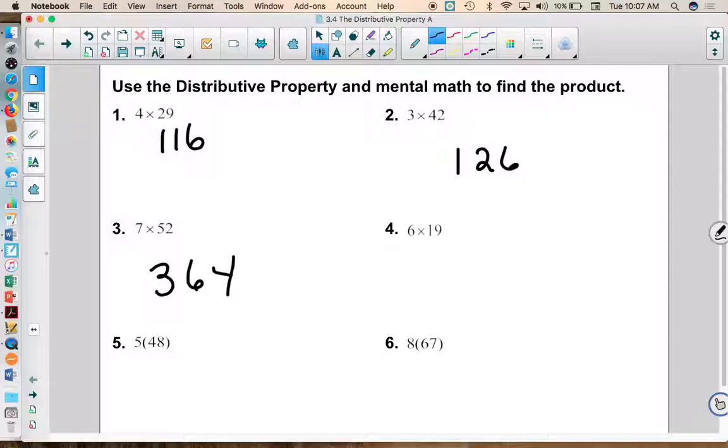What do you get with number 4, Esri? 114. What do you get with number 5? 240. And number 6. Kaylee? 536.